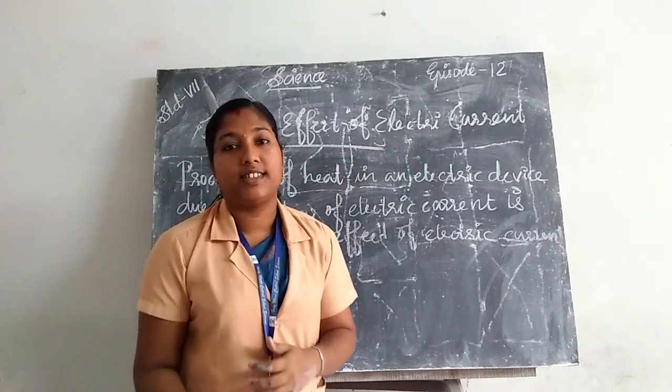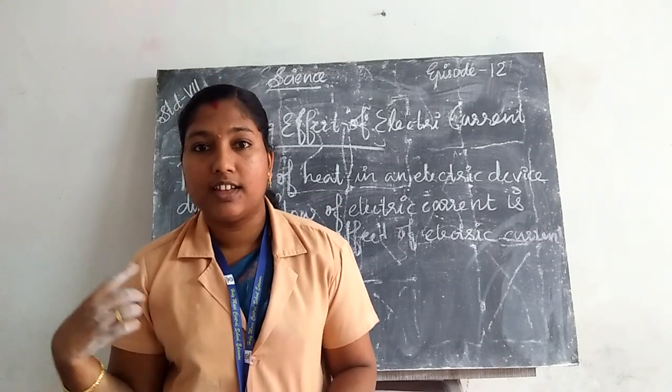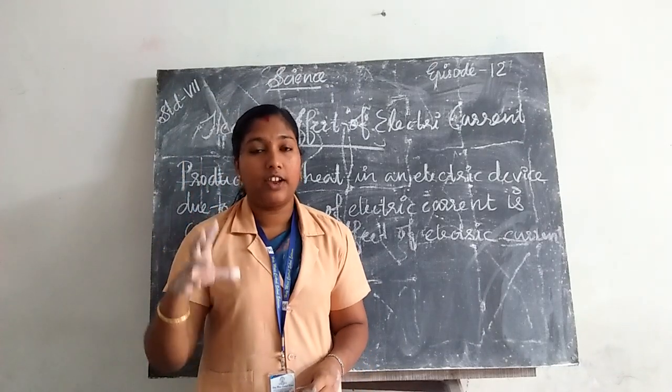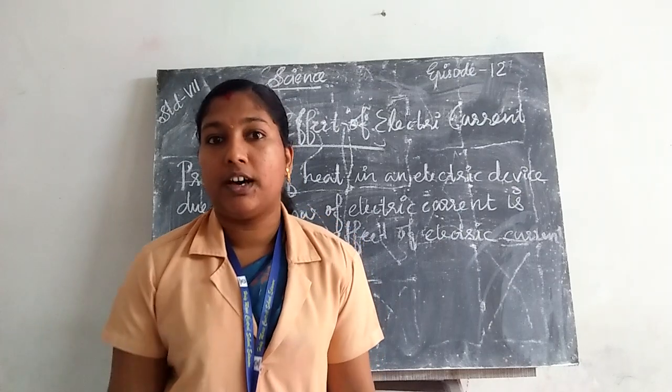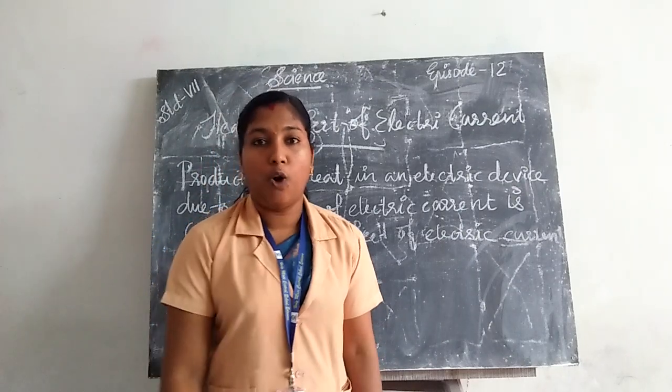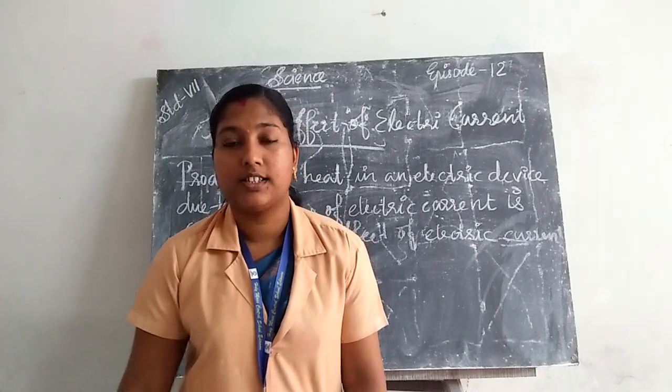Another example is the hair dryer. Hair dryers are used in beauty parlors and are also used in our homes for drying our hair.